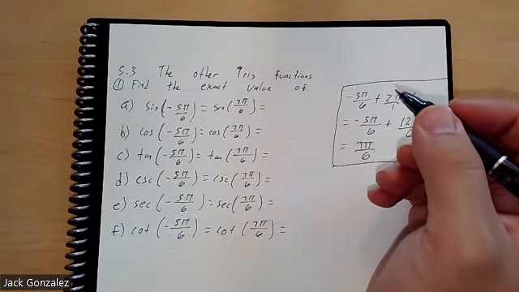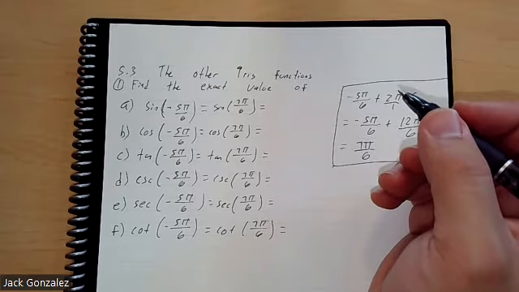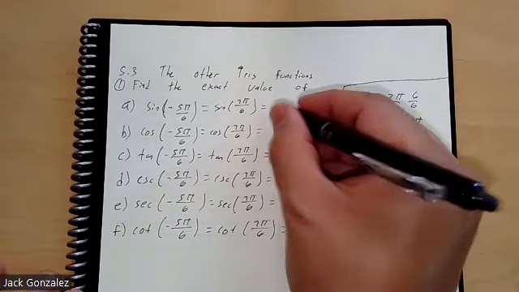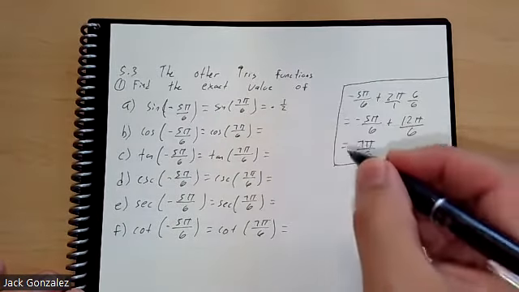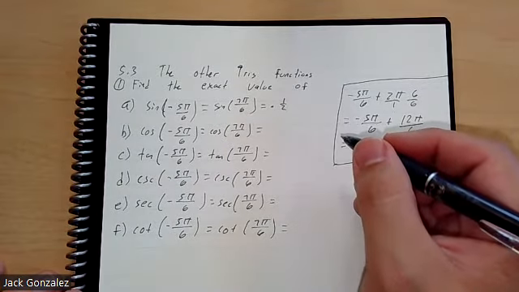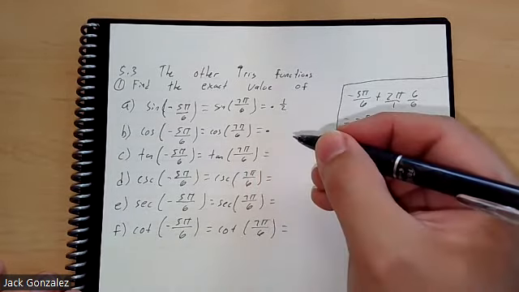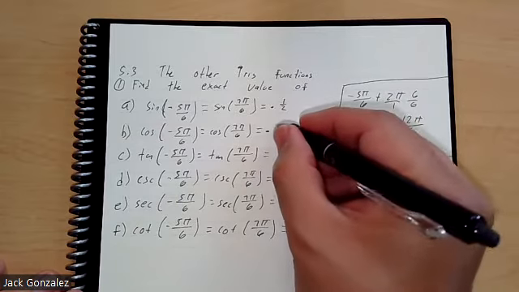All right, so sine. What is sine of 7 pi over 6? Negative half. Cosine of 7 pi over 6. It's negative, right?